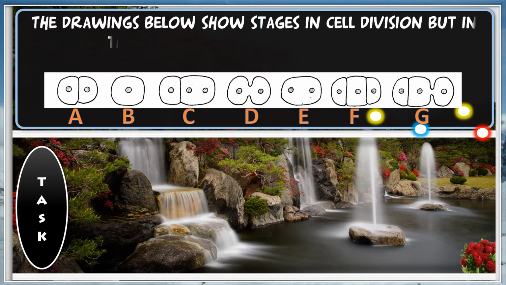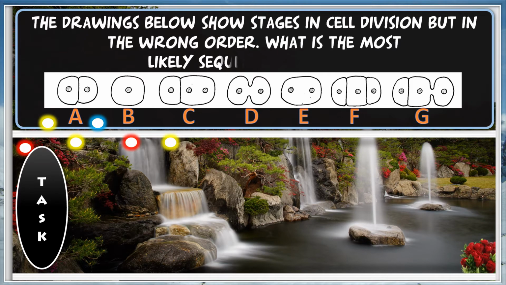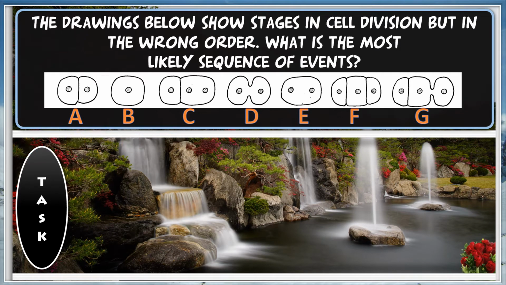The drawing below shows stages in cell division, but in the wrong order. What is the best likely sequence of events?